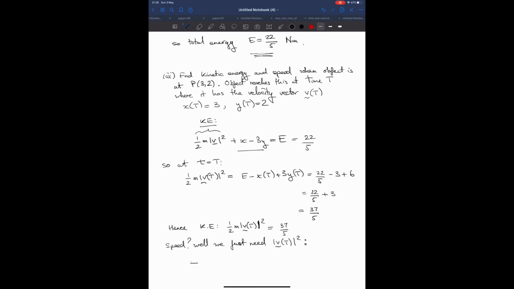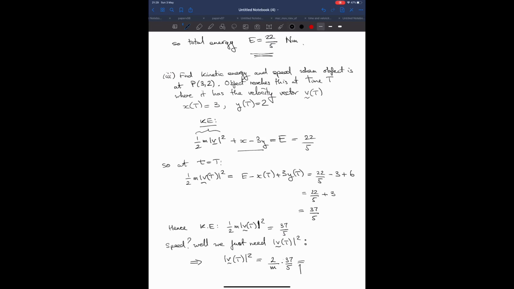So this implies that if I just rearrange, remember that m is a fifth, so we'll write two over m, multiplied by 37 over 5.